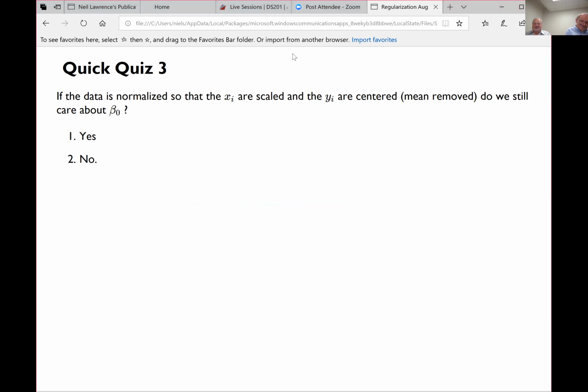Is anyone going to jump in? Okay, the answer is no, because once the data has been scaled and the dependent variable has been centered, there is no more beta naught. Beta naught is 0 at this point. Okay.